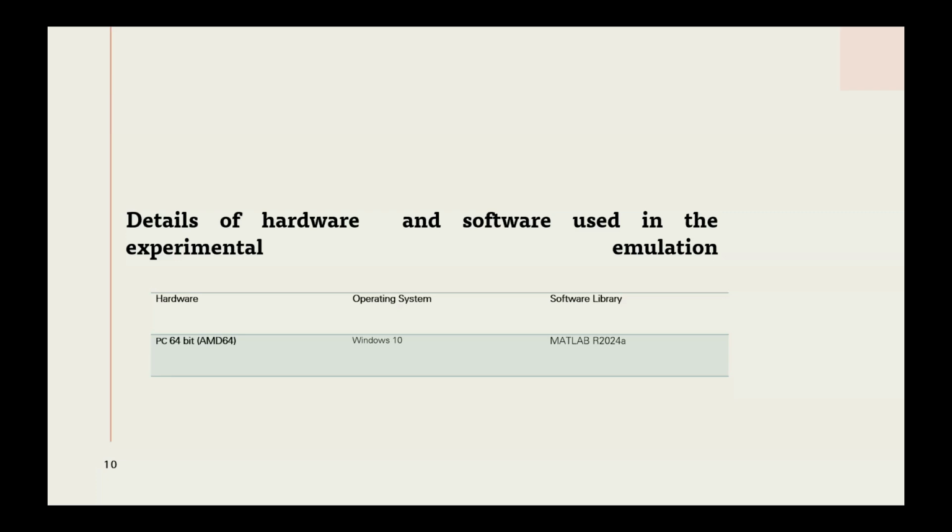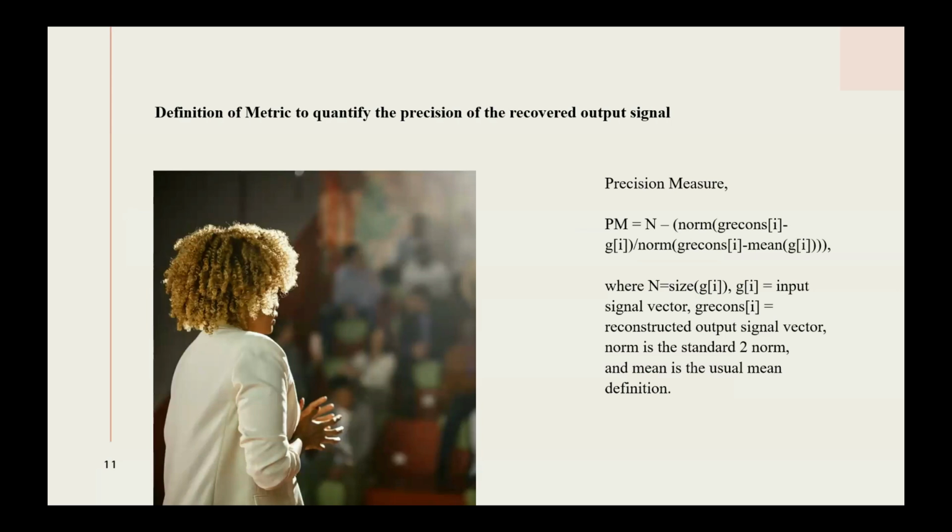So as mentioned there, we have the precision measure. Here, n is the sample size, and the norm of the reconstructed signal with respect to the original signal is divided by the norm of the reconstructed signal with respect to the mean of the original signal.